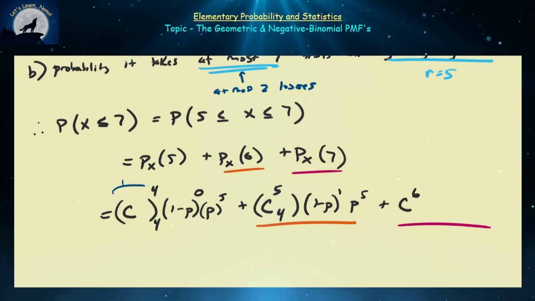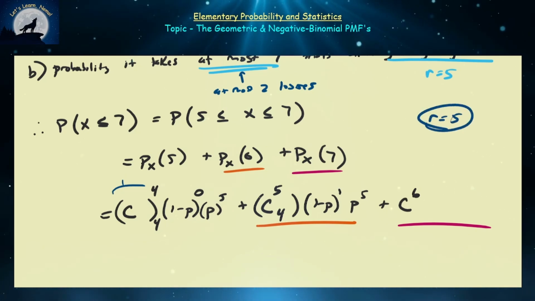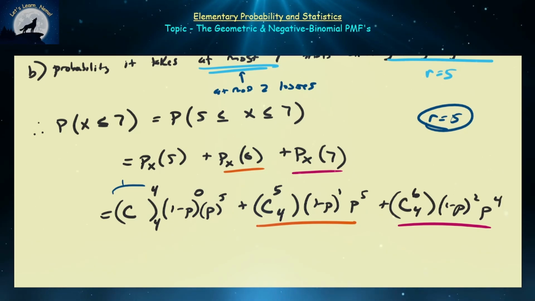Keep in mind, we're still aiming for r is equal to 5. That's not changing here. So you're still going to have 4 successes within that sequence of 6 being rearranged, and then we're going to have 2 failures, and then we're going to have 5 successes. Right, that's always going to be true.